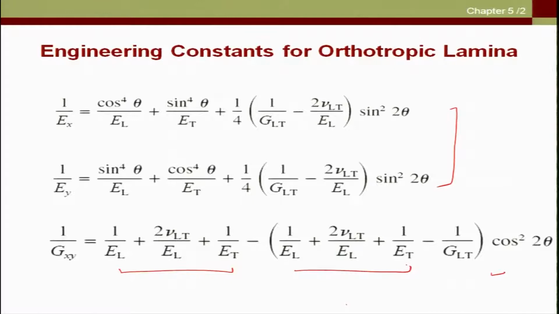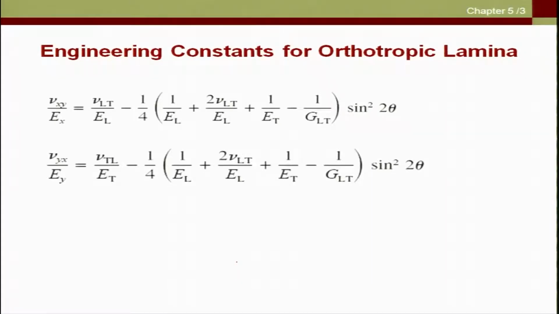Similarly, when theta equals 90 degrees, that is when the x axis is aligned to the transverse axis of the system, then 2 theta becomes 180 degrees, so cosine square of 2 theta equals 1, and once again the terms involving EL, ET and nu LT cancel out, and once again we have Gxy equals GLT. So, this is one important thing.